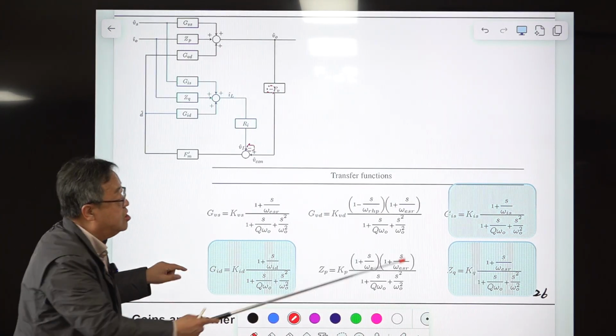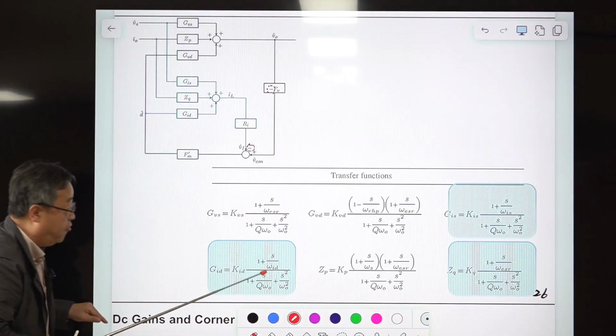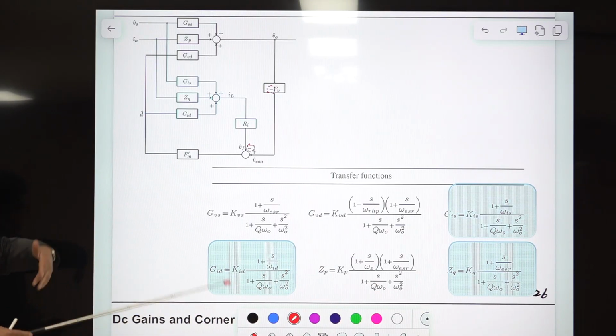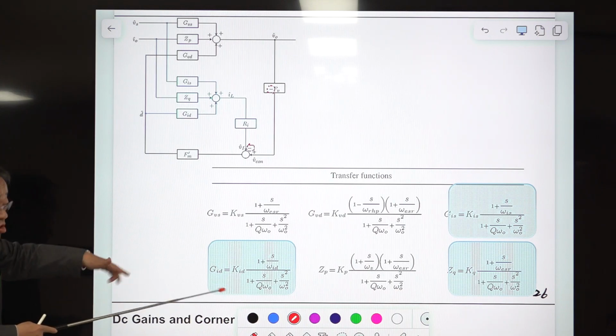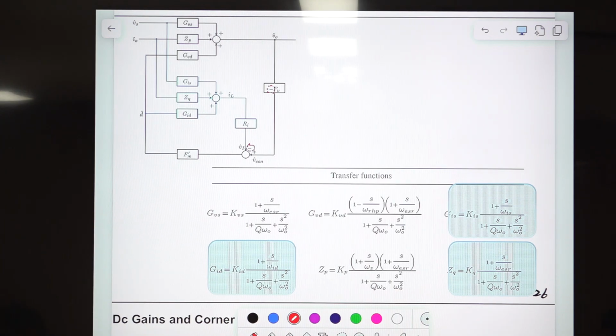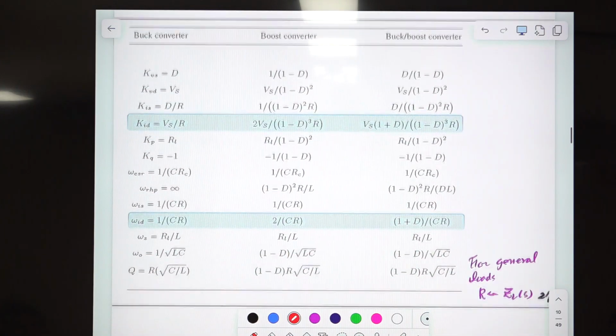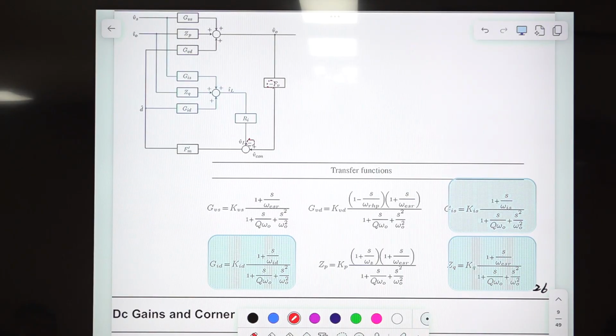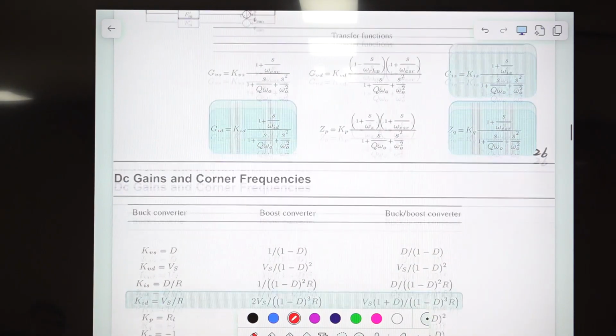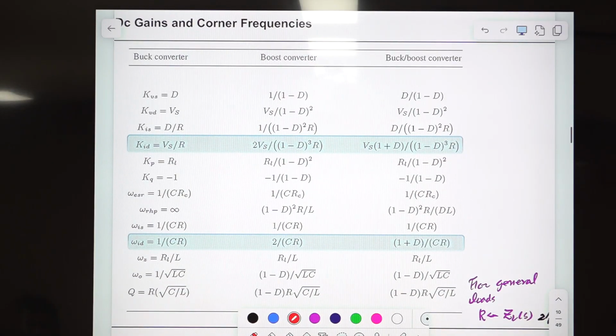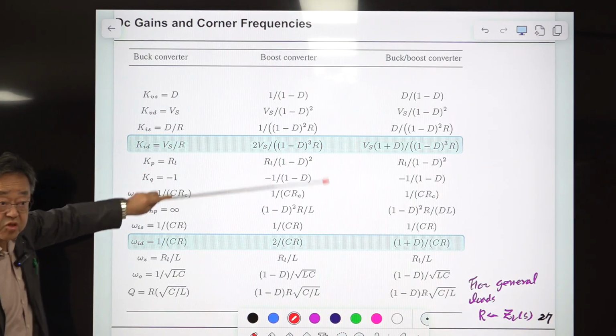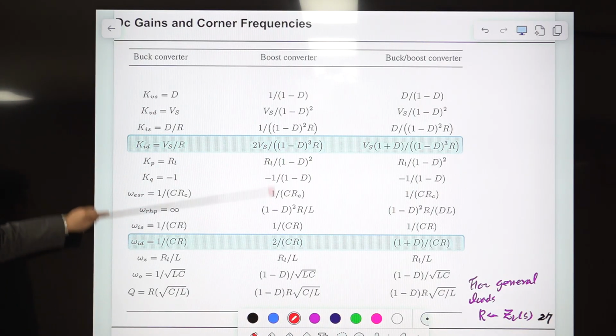So these are the newly derived transfer functions. The derivation is almost the same as this one, and in some cases easier. The expressions of these blue shaped transfer functions are shown here: KID for the buck converter, KID for the boost converter, the buck boost converter, and so on. So every piece of information is here.